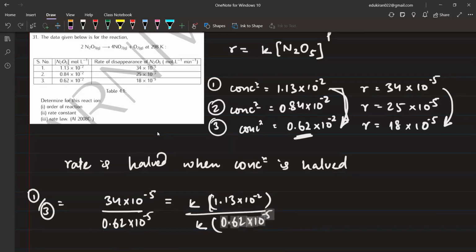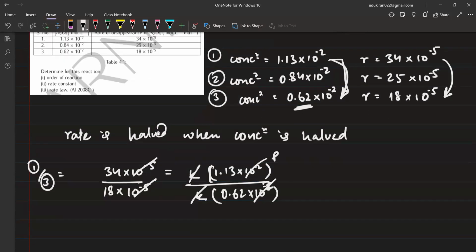The rate will be here, 18 into 10 to the power minus 5. So these two 10 to the power minus 5 will cancel. This will be 0.62 into 10 to the power minus 2, 10 to the power minus 2 will cancel, and this is power P, this is power P.